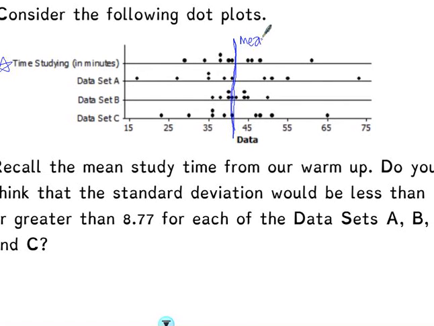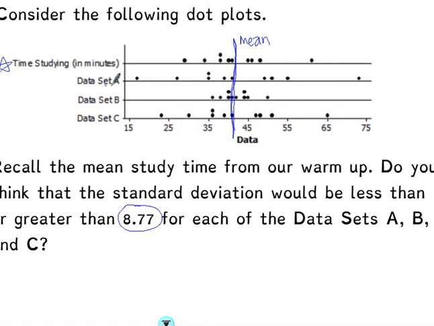Using what we determined with the standard deviation, and I gave you guys little slips on how to calculate the standard deviation, we determined that it was 8.77 for this study time data, which means that each of these points is approximately 8.77 units, or I'm sorry, minutes, away from the mean for the most part.